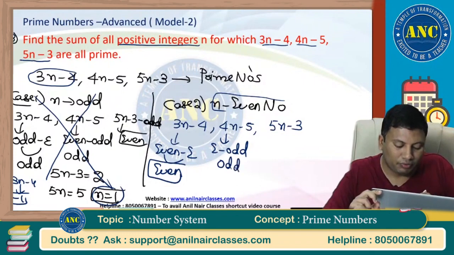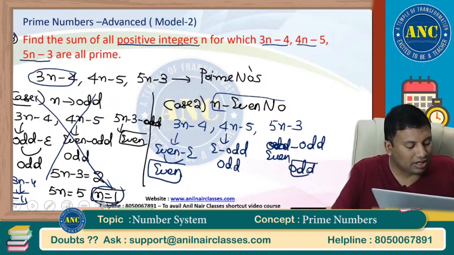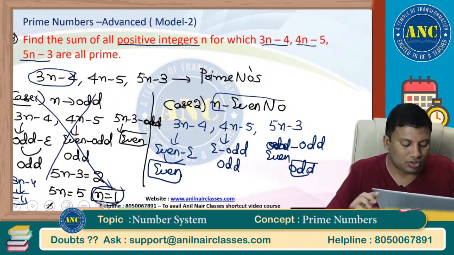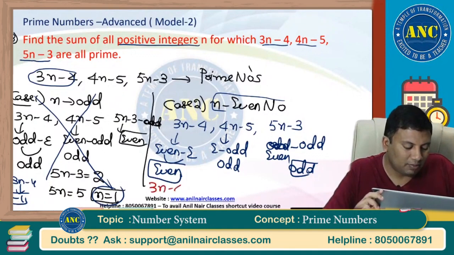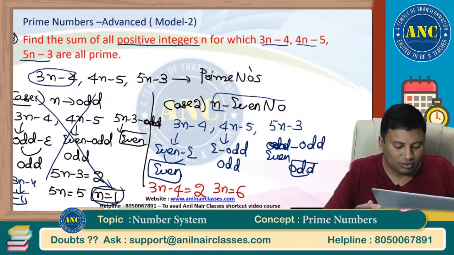Even into 5 is even, and 3 is also an odd number, so even minus odd is odd. The only case we got is 3n minus 4 should be even. If 3n minus 4 is even, the case that is possible is 2. So 3n equals 6, n equals 2.